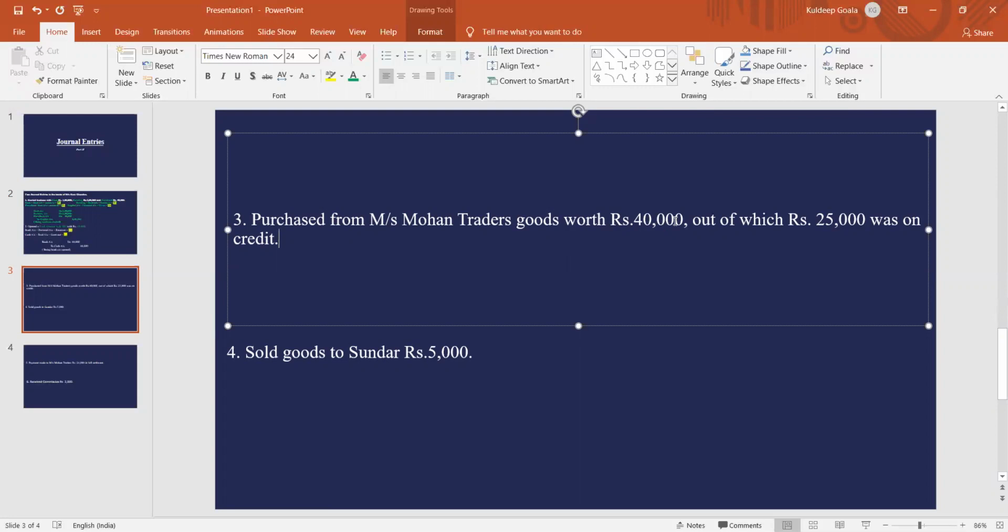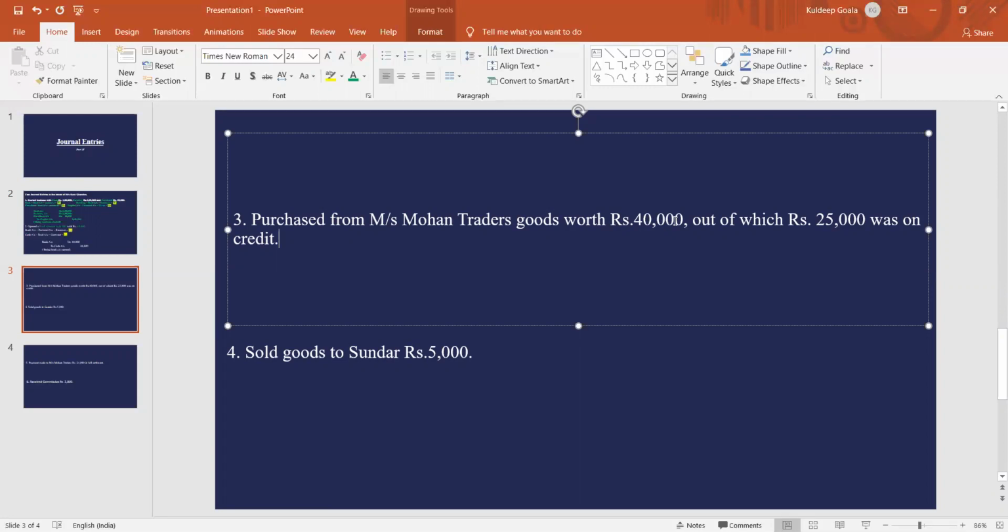That means out of the total price, 25,000 was credit. Credit means baki pe diya hai, udhar pe. That means we are going to pay him later on, not now, right? The payment will be made on a later date.